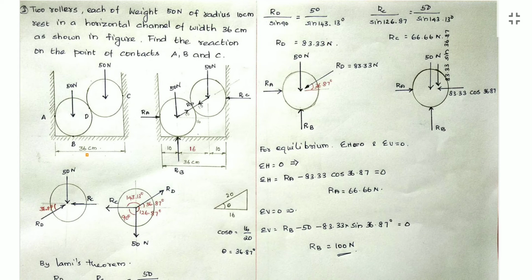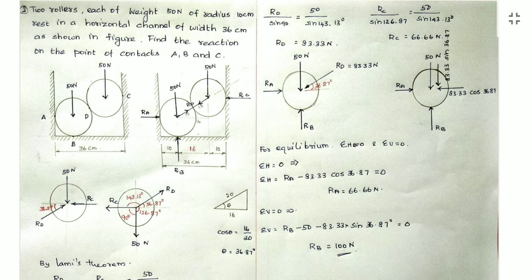See the diagram, right? A 36 centimeter channel, on that two rollers are there. Find the reaction at the points of contact A, B and C. Okay.